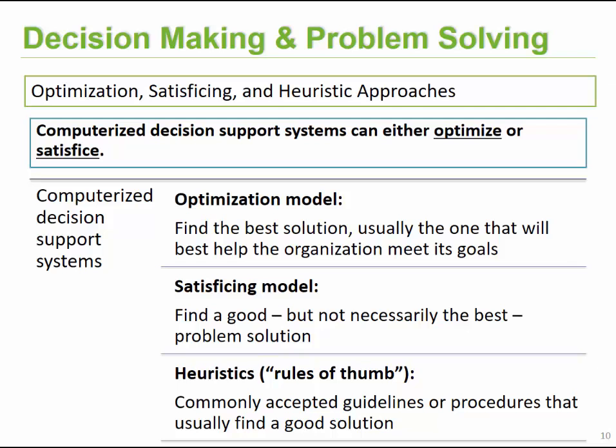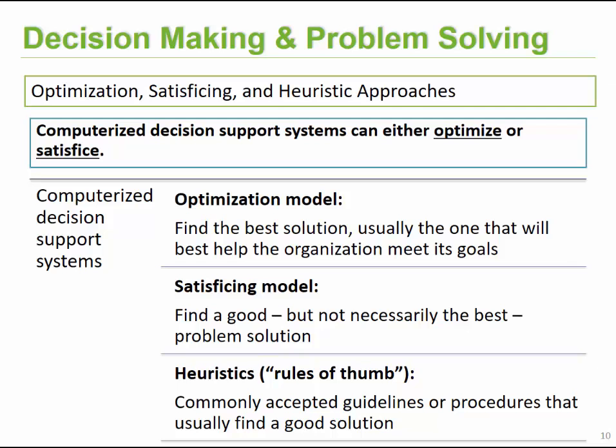Now, if we look at optimization, it is to find the best possible solution that will help you to achieve your goals. So what is the best outcome? The satisficing model indicates we want to find a good solution which we are happy with, but it might not necessarily be the best solution. So which alternative solution can we use that will also assist us in getting close to our goals or objectives?